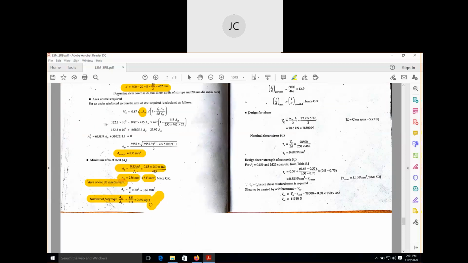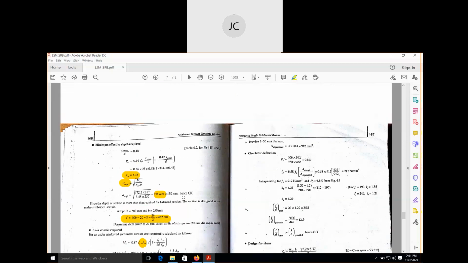Up to this part, it was our previous problem. So here you have to provide 3 numbers of this much. Therefore, Ast provided will be 3 into 314, which is the area of 1 bar. It will be 942.